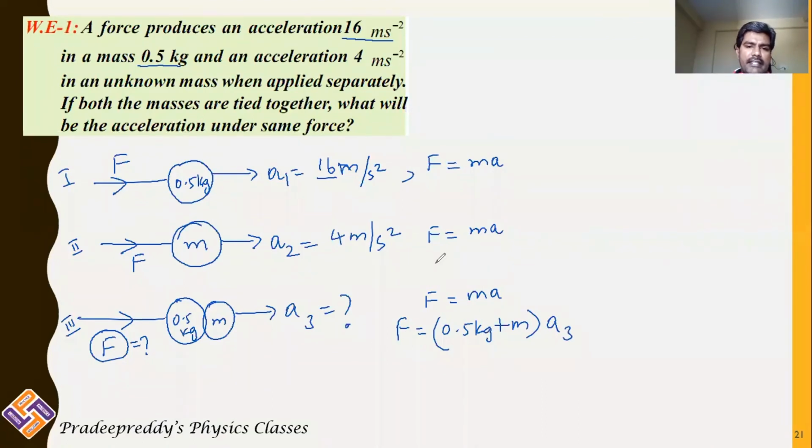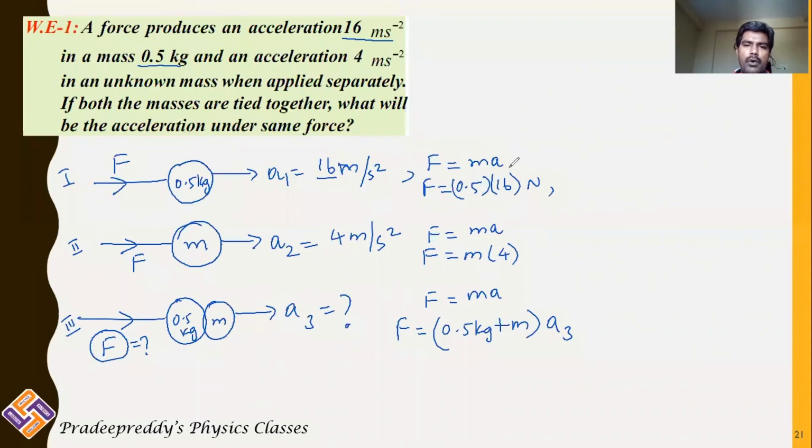Coming to the second case, the F value you do not know, the mass value you do not know, but acceleration is given as 4 meter per second square. In the first case, F is equal to MA, mass is given as 0.5 kg, acceleration is given as 16 meter per second square, and that will be in Newton.